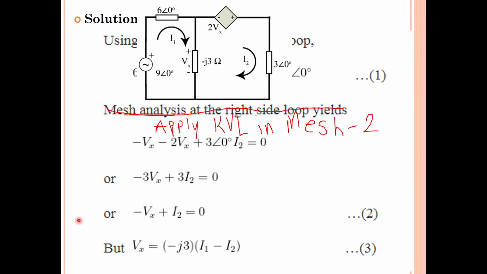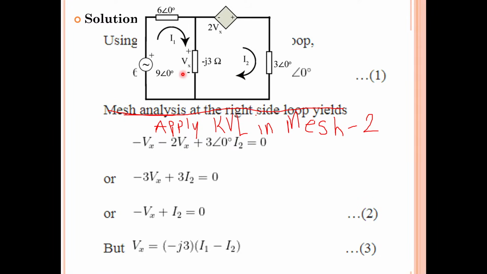So one more thing which we didn't consider earlier. What is Vx? Vx is nothing but the voltage across minus J3. So what is the voltage across minus J3 actually? When we applied KVL in previous problems, we used to write minus J3 into I2 minus I1 if it is for mesh 2, and if it is for mesh 1, minus J3 into I1 minus I2.